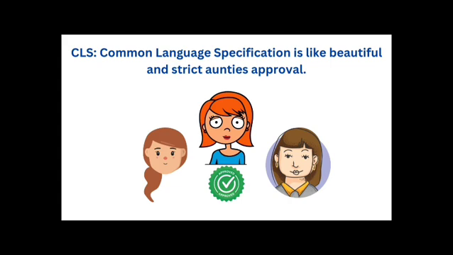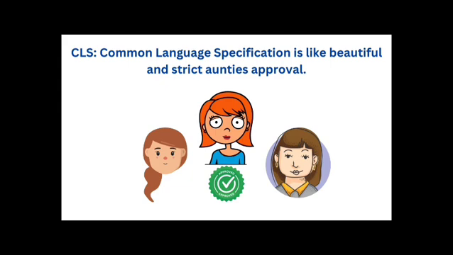CLS, the Common Language Specification, is just like the beautiful and strict aunties at a wedding. Suppose in a wedding, we know some aunties are strict, who say, beta, don't wear ripped jeans, beta, dance decently.